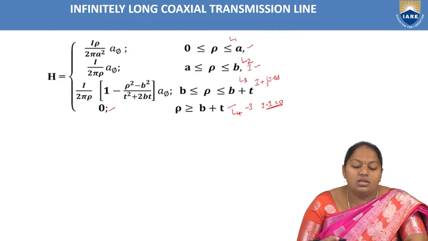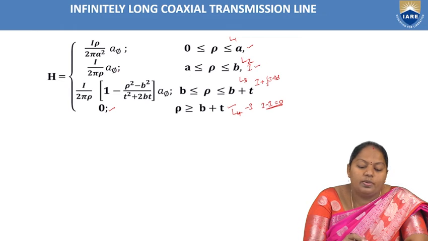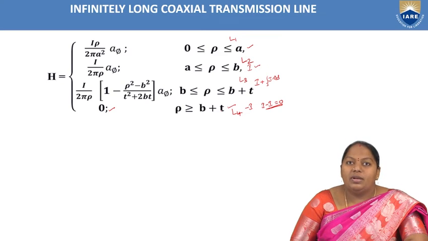That is, H is equal to I rho by 2 pi a square into a_phi for the first case, I by 2 pi rho into a_phi for the second case, I by 2 pi rho into 1 minus (rho square minus b square) by (t square plus 2bt) into a_phi for the third case, and 0 for the fourth case as rho is greater than or equal to b plus t.